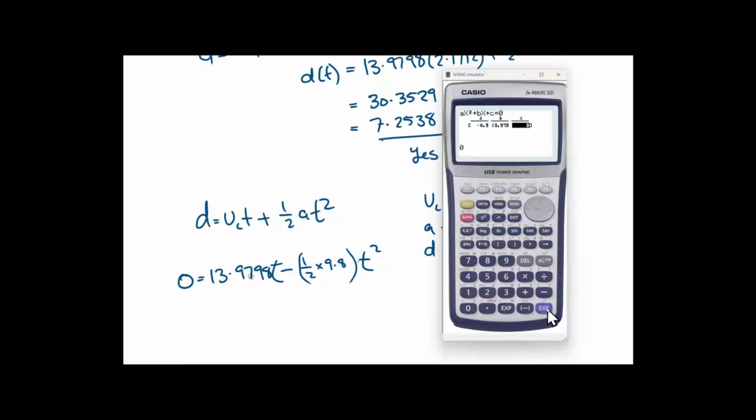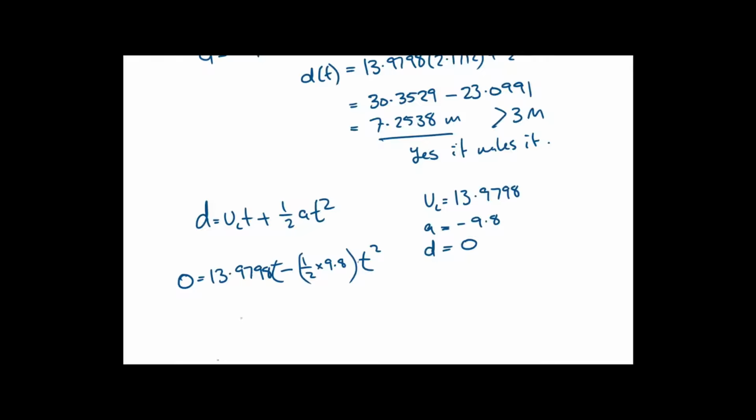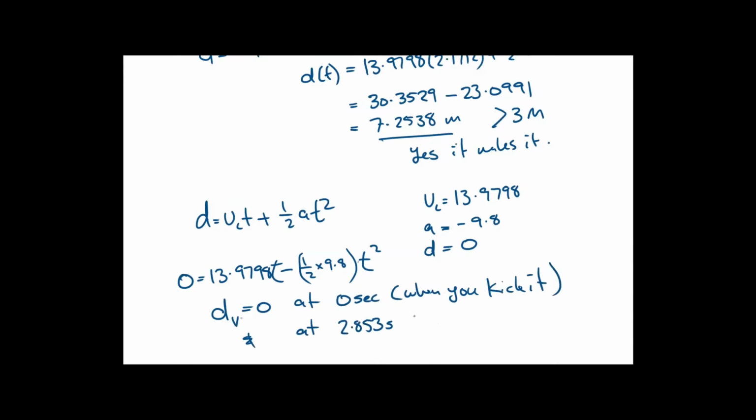And there is no constant at the end. So it starts at time 0, it is at the ground. So it's not going to hit the ground until 2.853 seconds. So the vertical distance equals 0 at 0 seconds when you kick it, and at 2.853 seconds when it hits the ground. So in other words, it doesn't hit the ground first.